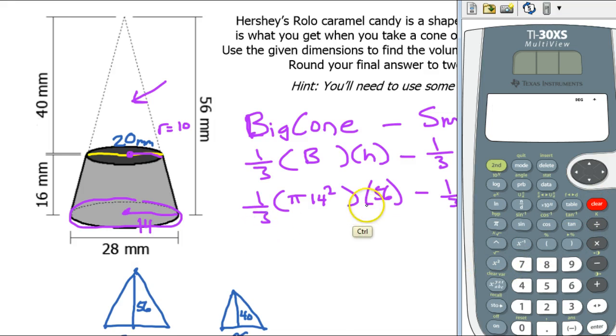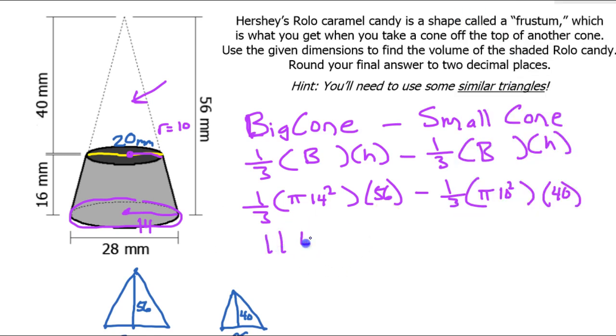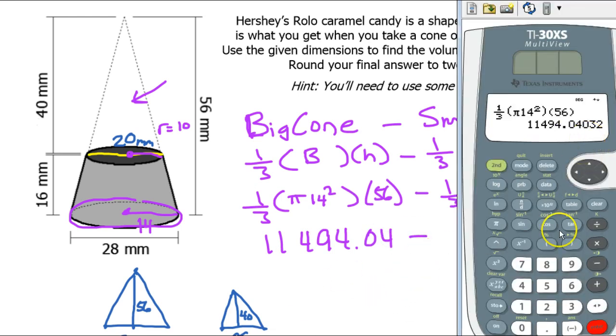So let's see what we would get if we did it separately. Let's see, if I did 1/3 times pi r squared, so pi 14 squared, times 56. So that's 11,494.04.